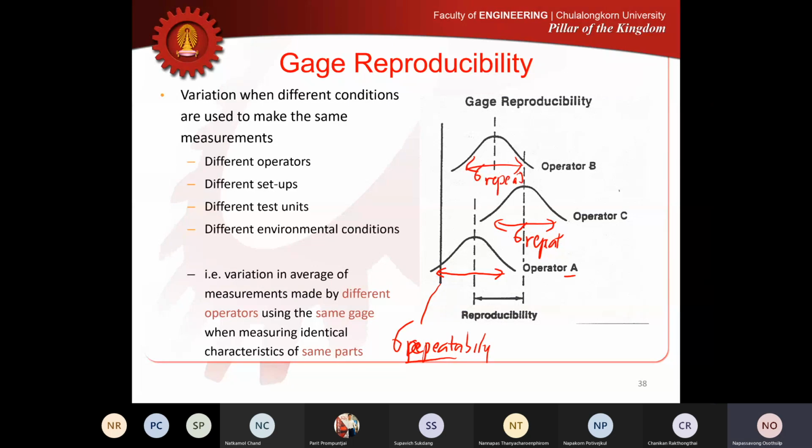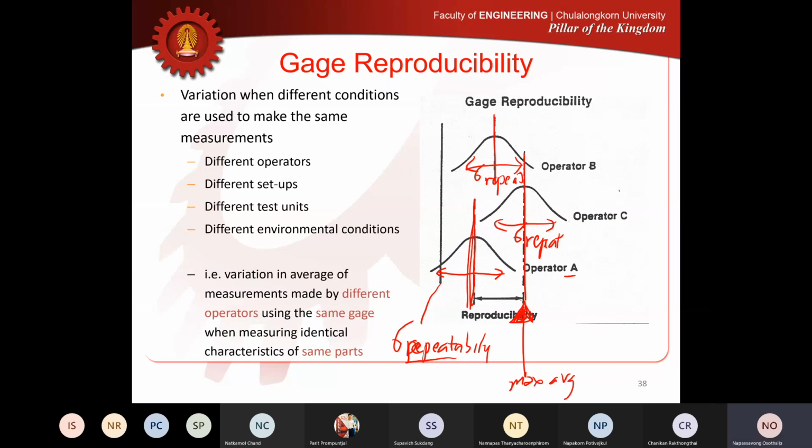But if now we would like to compare the measurements among different operators, we will calculate the mean, an average, of the measurements of operators A, B, and C. And then if we take a look at the difference, the operator that gives the maximum average is operator C, at this point.